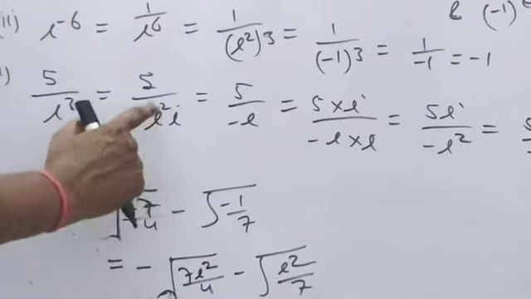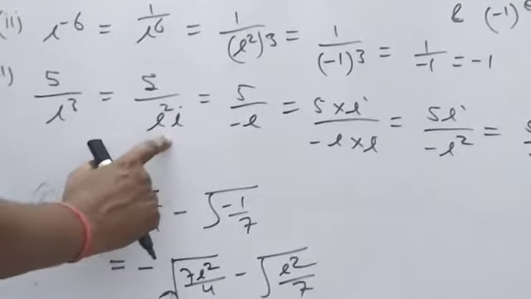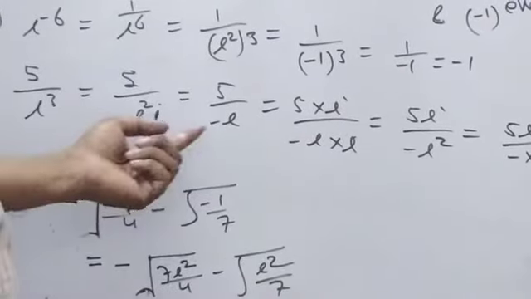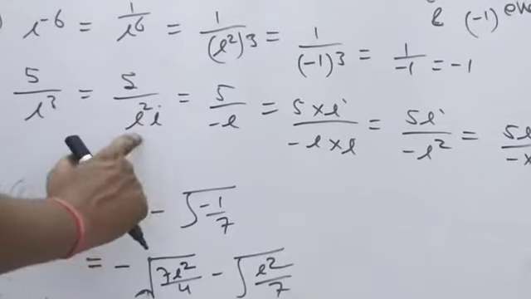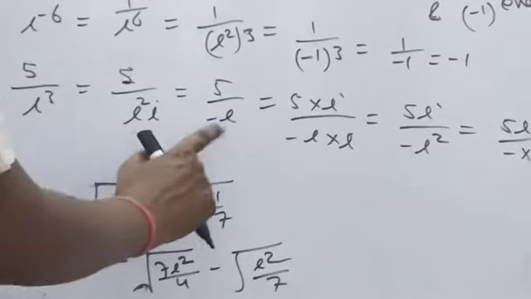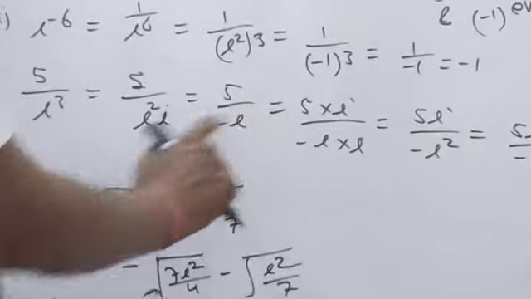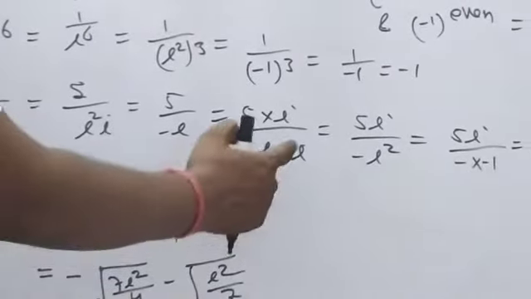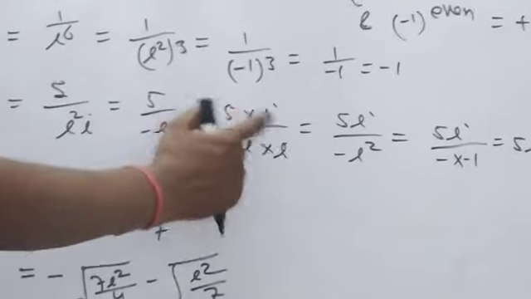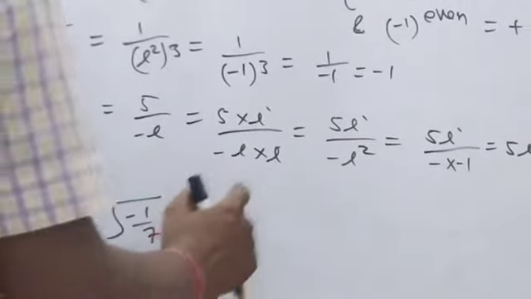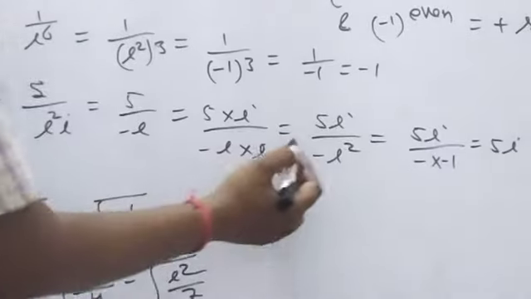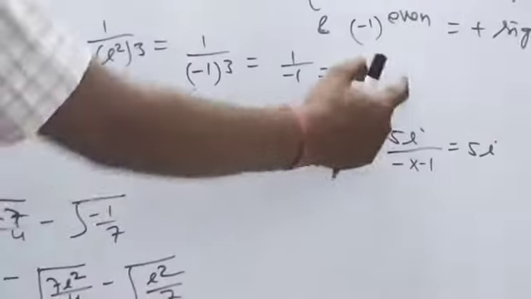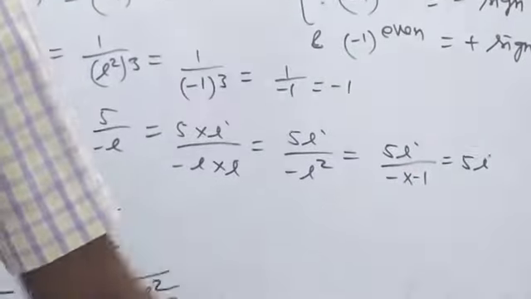Then 5 upon i cube means 5 upon i square into i, is equal to 5 upon minus 1 into i, is equal to 5 upon minus i. Multiply by i in both numerator and denominator. Clear? Then 5i upon minus i square is equal to 5i upon minus 1 into minus 1.